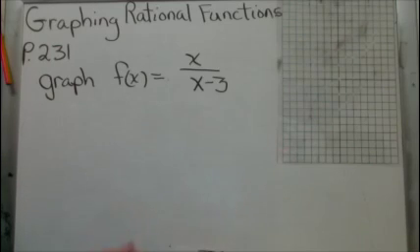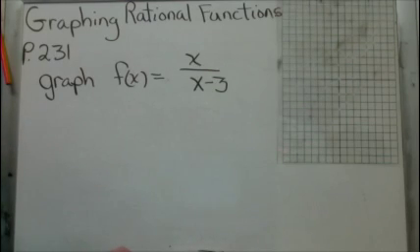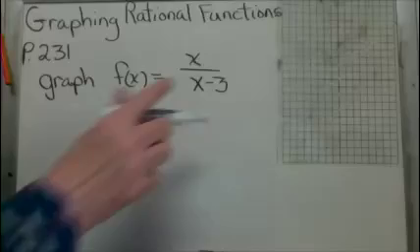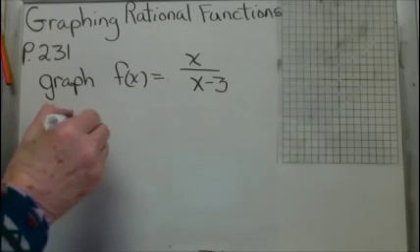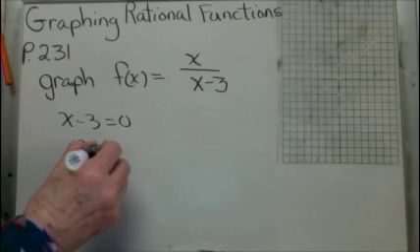Now, to find the asymptotes, one thing that's interesting to do is look at what happens when the fraction becomes undefined. And in this fraction, if the bottom is 0, the fraction becomes undefined. So if I take the bottom, x minus 3, and set it equal to 0 and solve that, I get x equals 3.